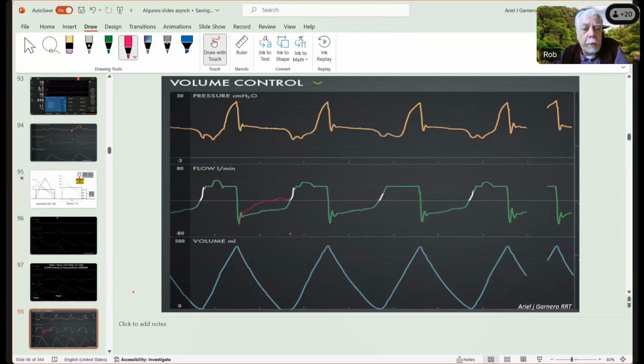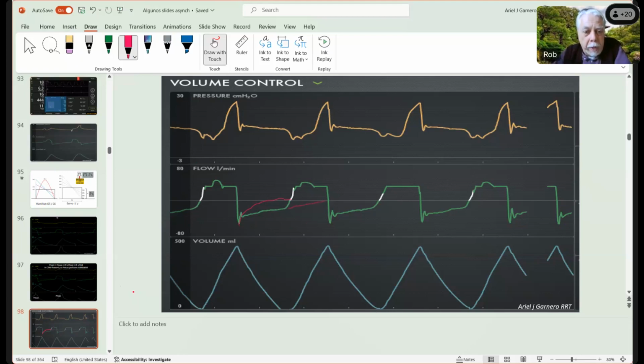The expiratory flow waveform is consistent, so I wouldn't say that would be expiratory work, expiratory P muscle necessarily. I think that this is probably a patient with high airway resistance, right? So you have a very long time constant. If you were to draw it out, it'd probably take two or three breaths to fully exhale, given what we're seeing here.